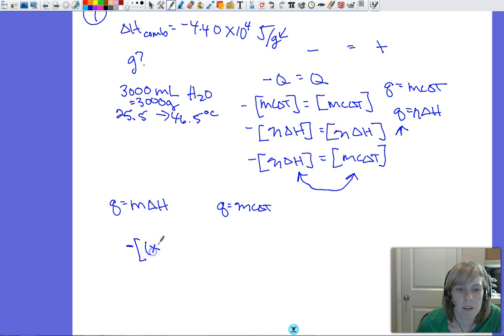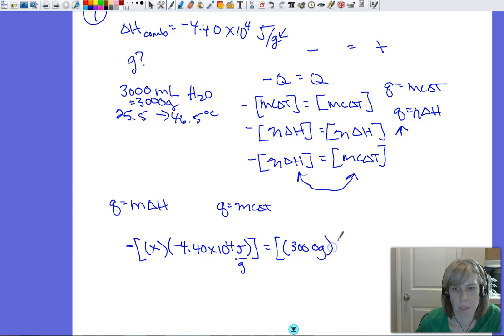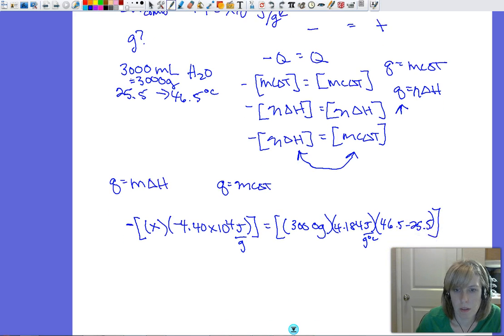So we're going to have our grams of the gas times negative 4.40 times 10 to the fourth joules per gram equal to my mass of the water, the specific heat of water, which I'm going to use my 4.184 joules per gram degrees Celsius, and our temperature, our final minus initial. So here's how we're going to set it up.